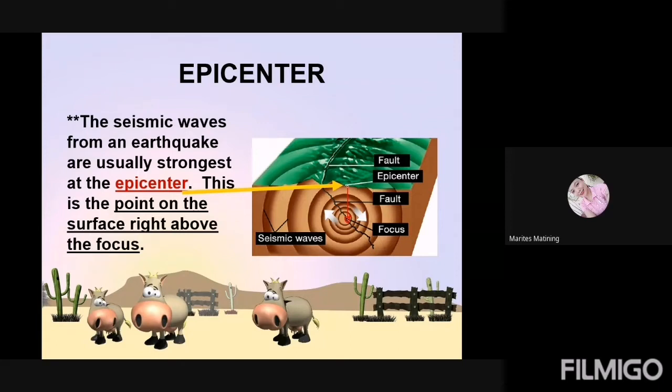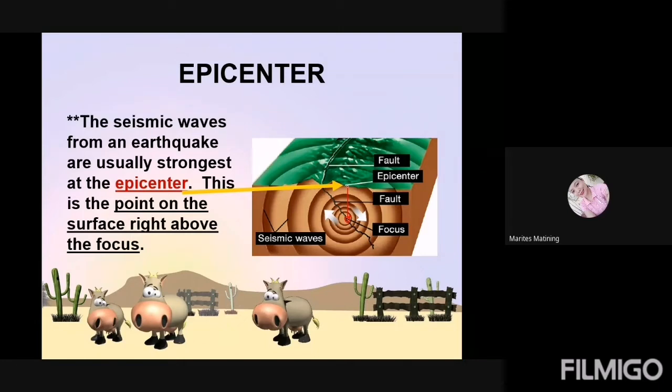epicenter. Okay, so sa mga balita, sa news, actually, ang binabalita nila is not the focus, but the epicenter of the earthquake. Diba? Yung lugar kung saan nangyari yung earthquake. That's the epicenter. That's the point on the surface right above the focus.